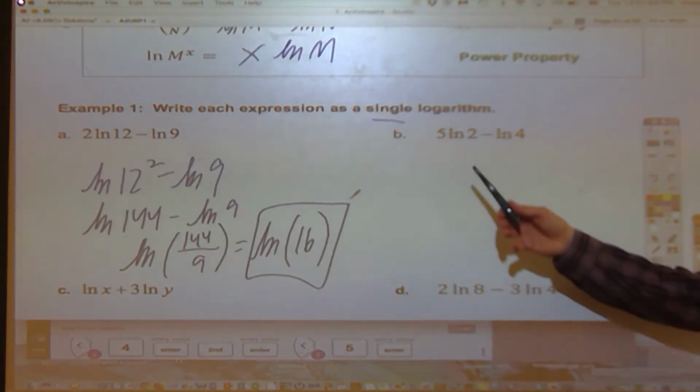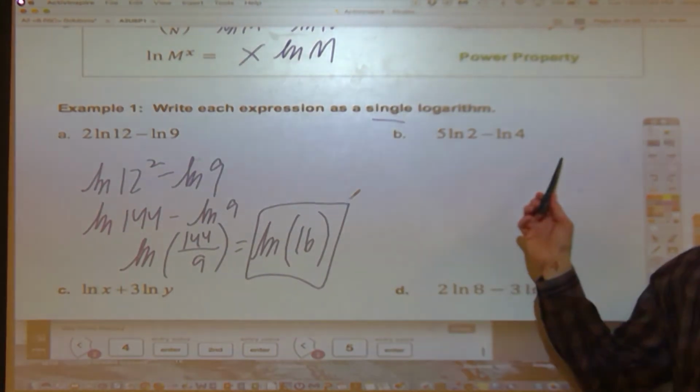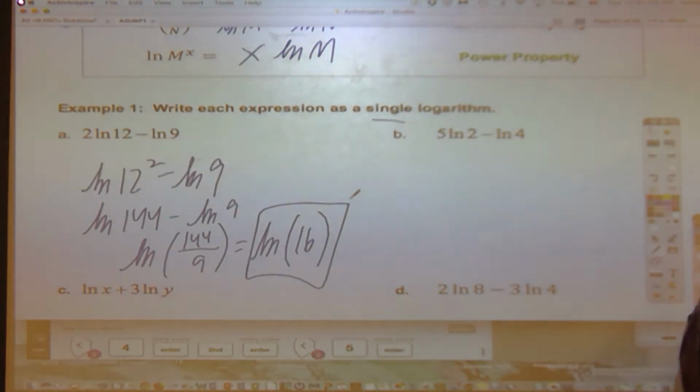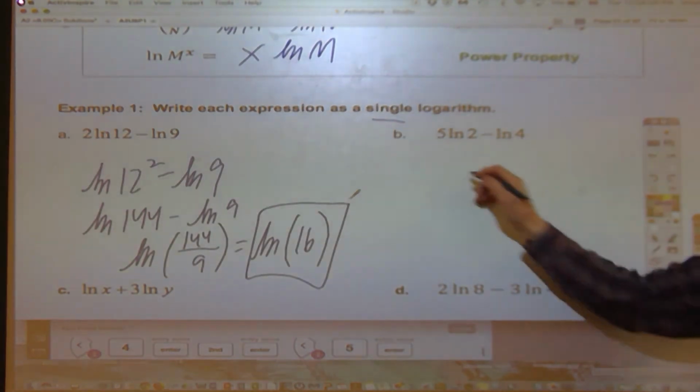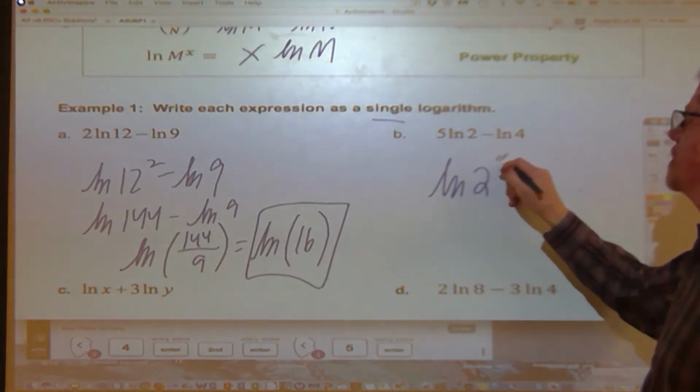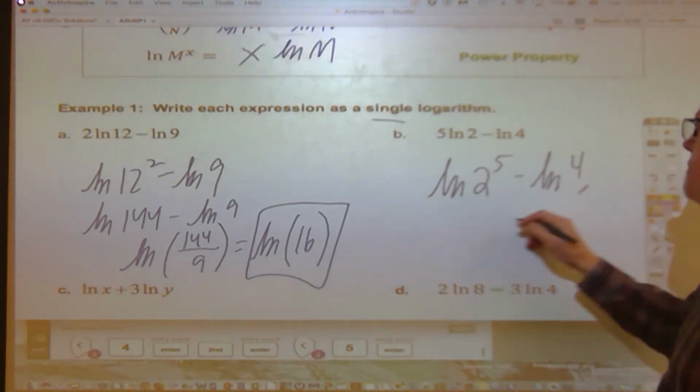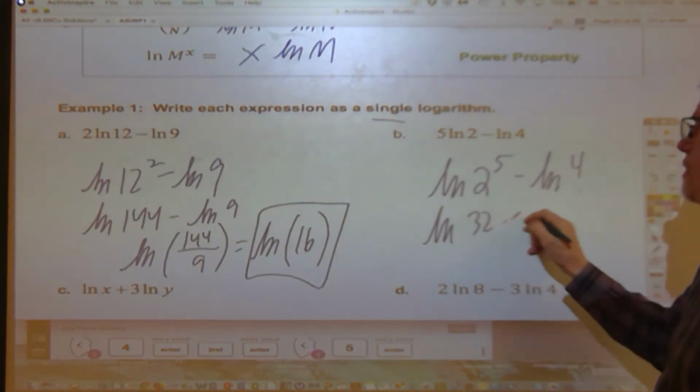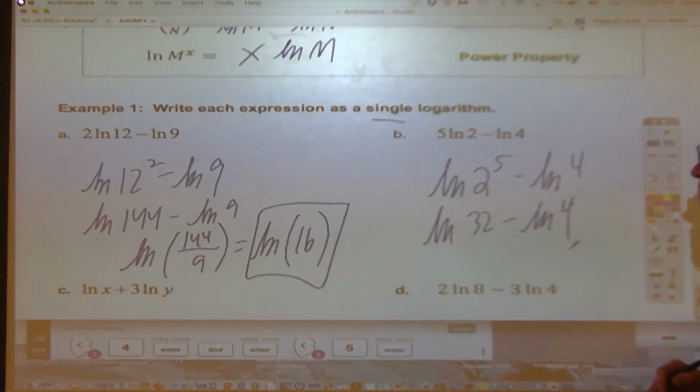I'd like you to try letter B on your own. Try letter B. When you're done, you can look up at the screen, see if we agree. What did you get as the final answer for letter B?